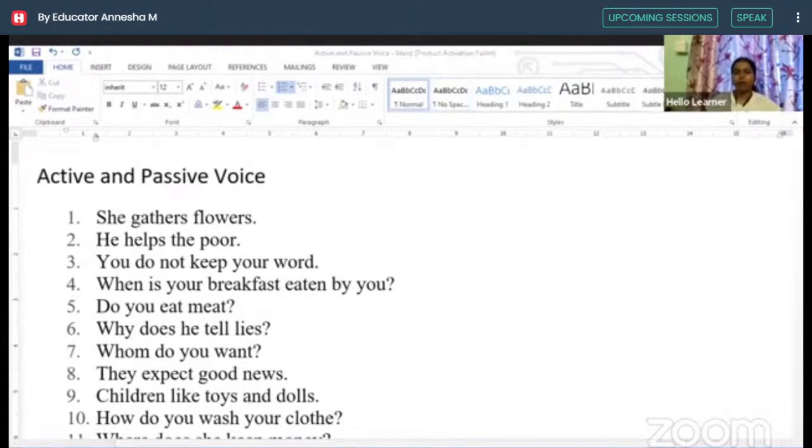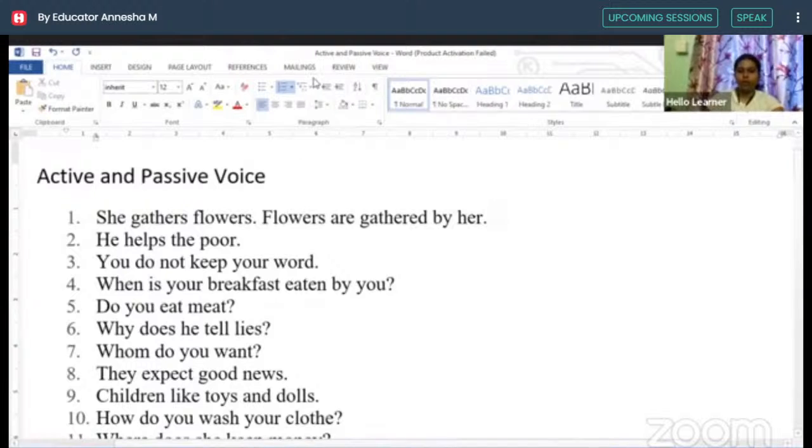Okay. Yes, Abhay, would you like to start? First one: she gathers flowers. Flowers are gathered by her.